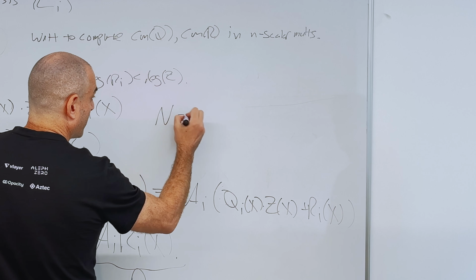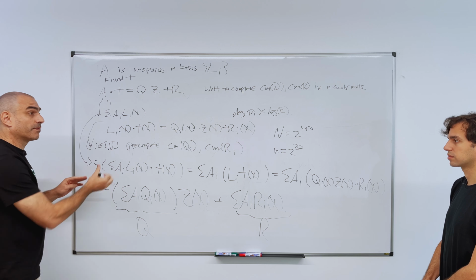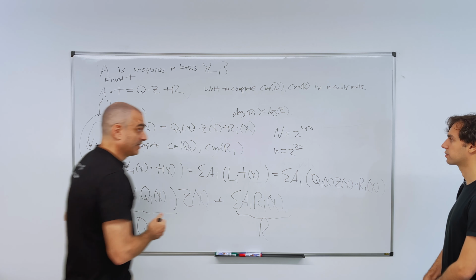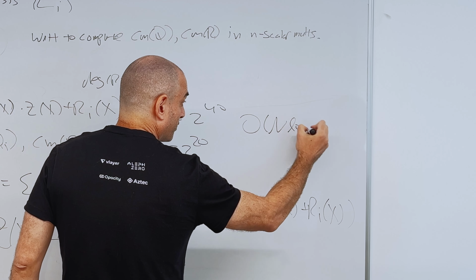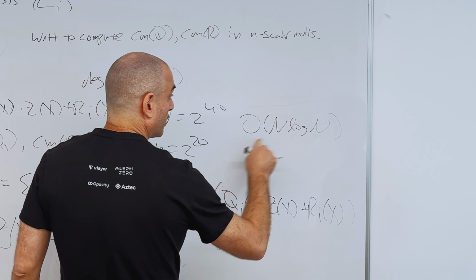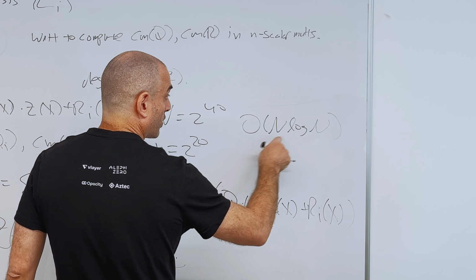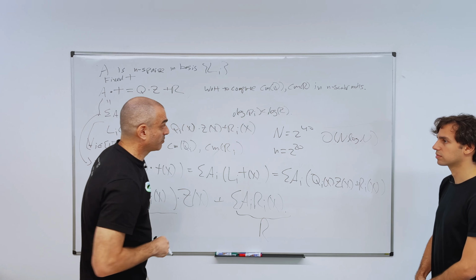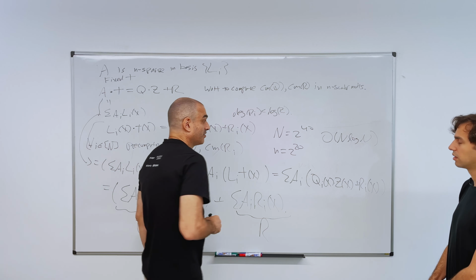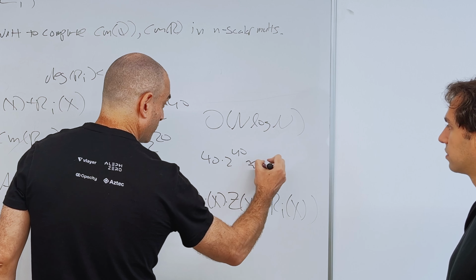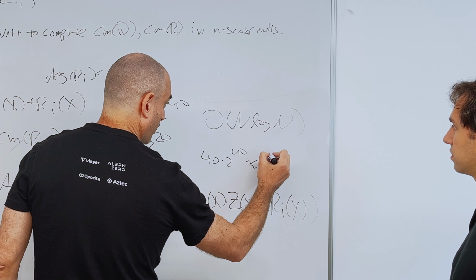We didn't go into how best to pre-compute all these commitments, but the point is that they can be computed in a number of operations which is O(N log N). So for this, it's like 40 times 2 to the 40, which is about 2 to the 45.